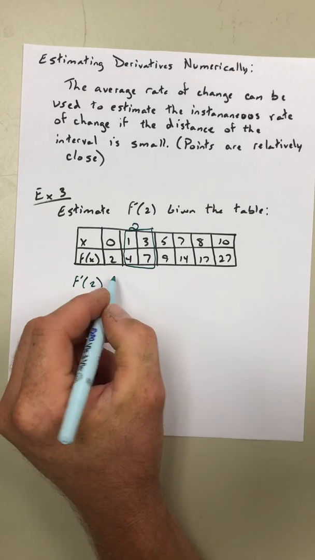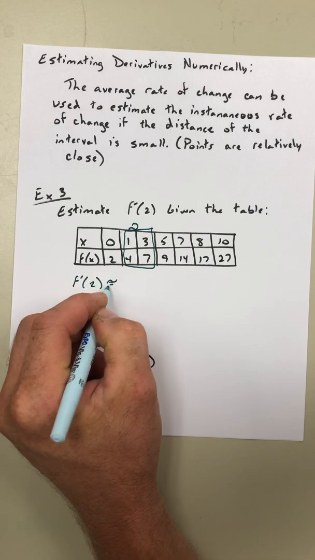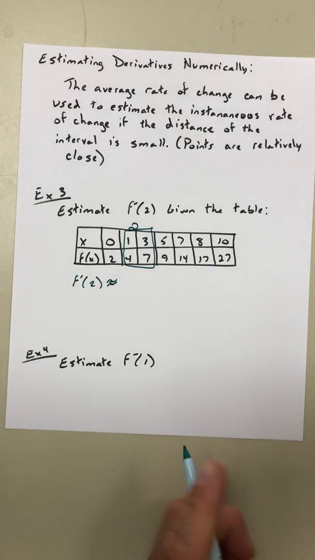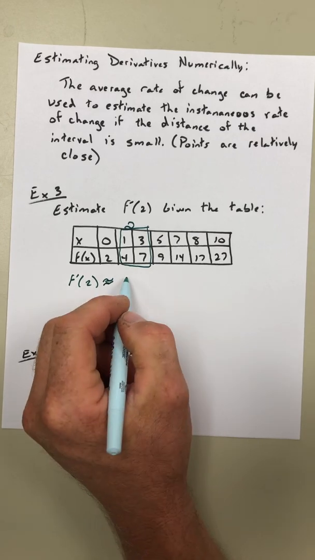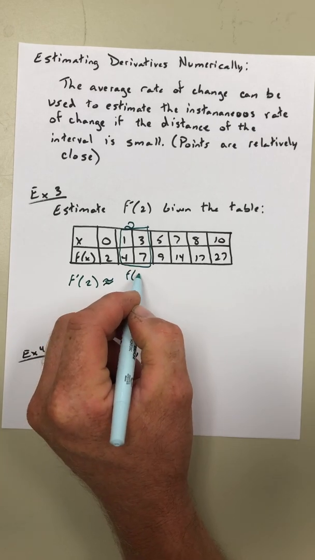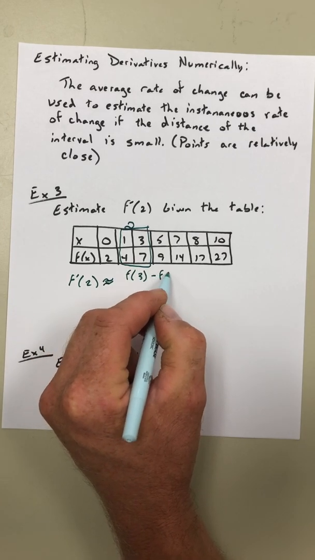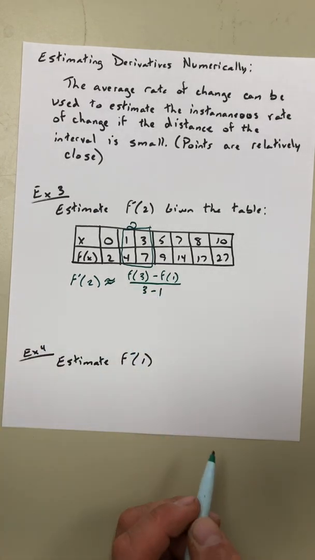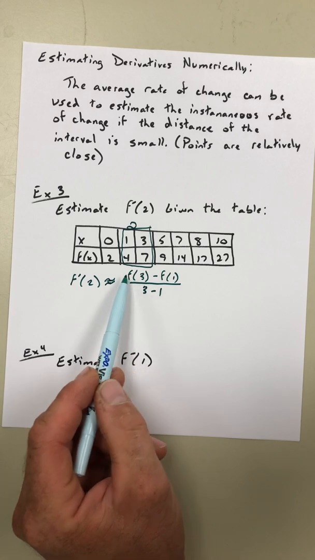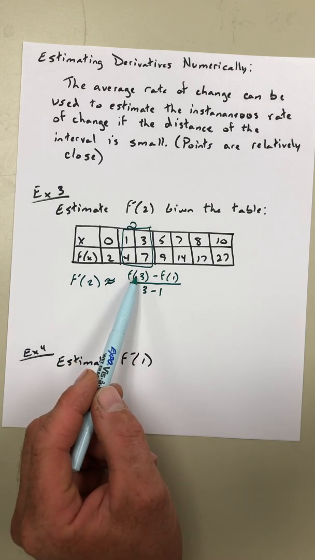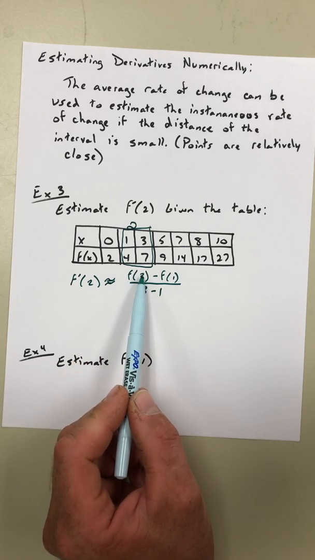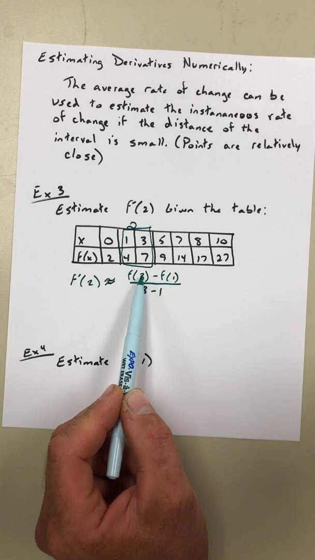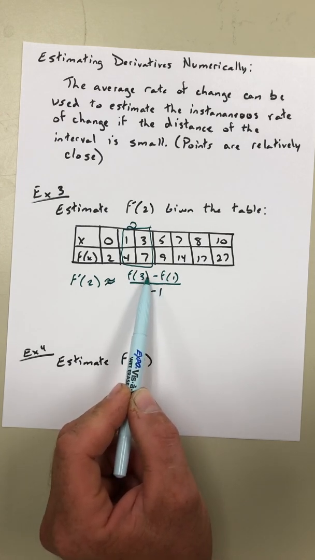So f prime of 2, instead of being equal to, we're going to say it's approximately equal to, well, what is it approximately? It's approximately f of 3 minus f of 1, divided by 3 minus 1. And I'm going to put this notation in here. This is a very important notation in calculus, because if we just put in 7 and 4, we don't necessarily know where 7 and 4 are coming from.